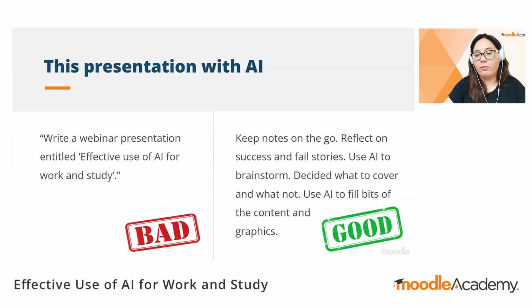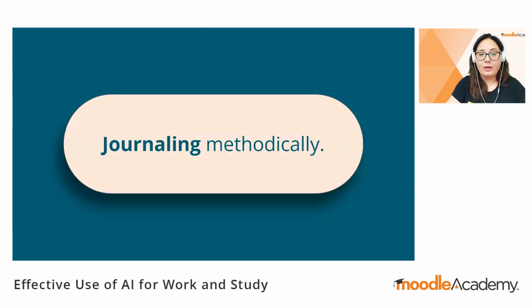When the time came for the presentation in this webinar, I took my notes through AI, and in fact, through multiple AI models. I realized that in my notes, there were quite a lot of things. So it took me a while to thin things out and decide what I can fit within an hour and perhaps keep the rest for another webinar or even a course. So journaling methodically is key.